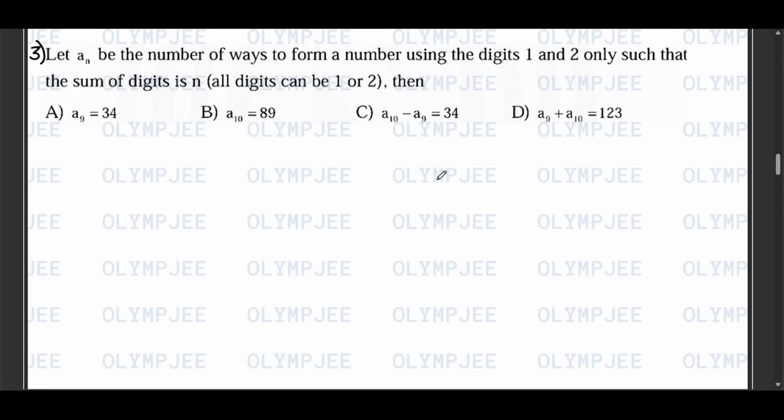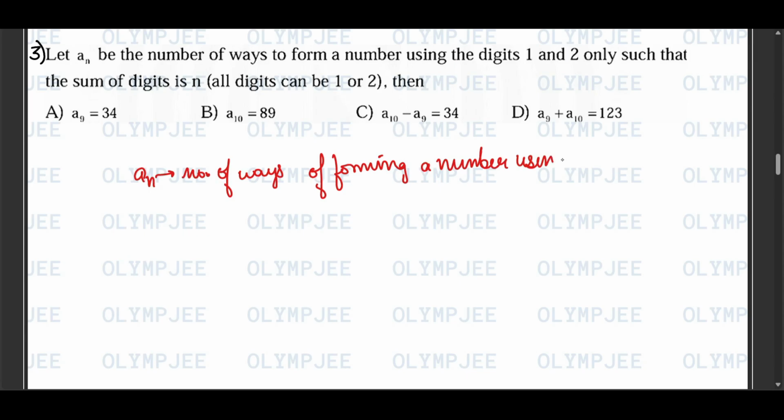Then, okay, so an is the number of ways of forming a number using 1 and 2, and n is the sum of digits, right? Okay, so this is a bit tricky question.